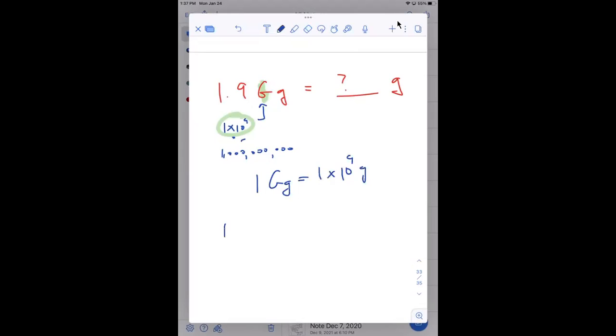So we want to take 1.9 gigagrams. Is this going to increase or decrease? If we're going from a larger unit to a smaller unit, is the value of this number going to get bigger or smaller? Bigger.